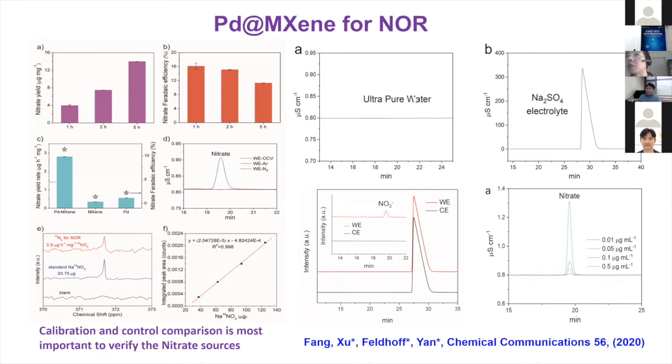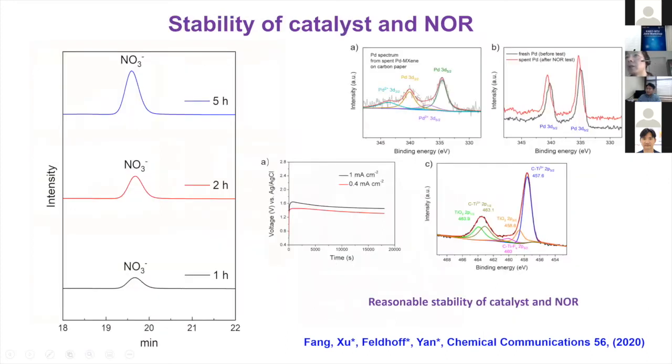Just now I mentioned this is the oxidation process on the palladium. Before, it's a palladium 0 metallic structure, and after the process it becomes a 2+ ion. So finally our cycling performance is not so good.